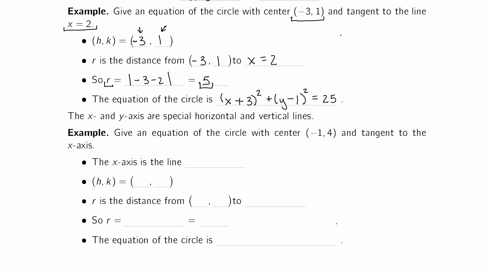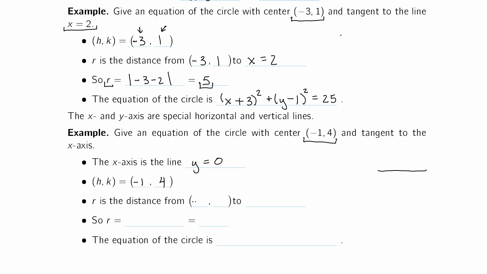Sometimes we'll talk about being tangent to the x or y axis. The x and y axis are just special horizontal and vertical lines. The x-axis is the horizontal line at y equals 0. So if we want to give a circle with center at (-1, 4), h is -1, k is 4, tangent to the x-axis, well, that's tangent to the line y equals 0.